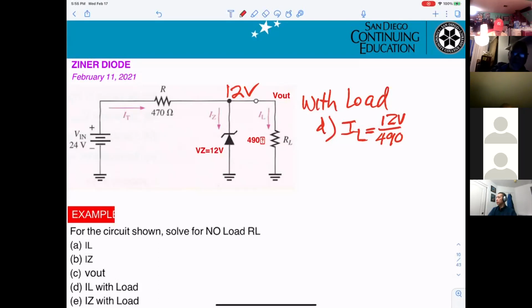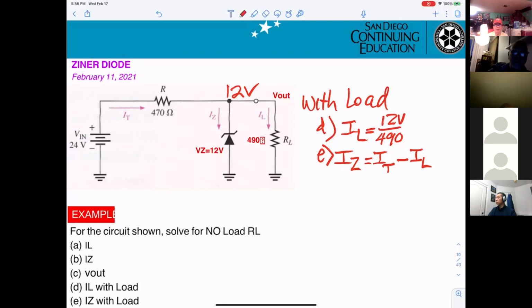Then the next one, they want IZ. It's equal to I total minus IL. Perfect. I total minus IL.